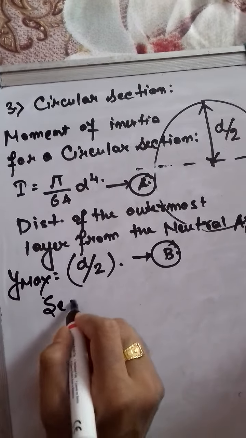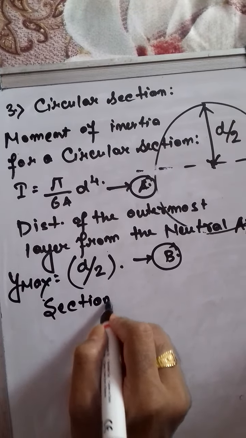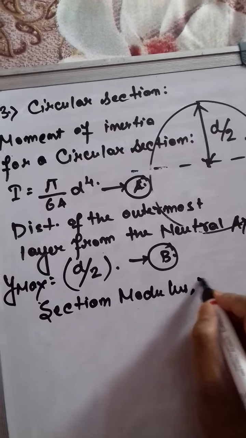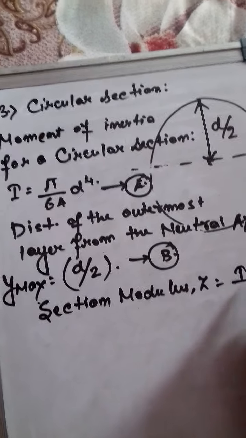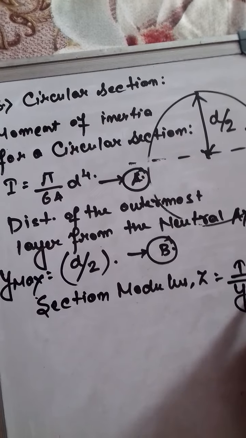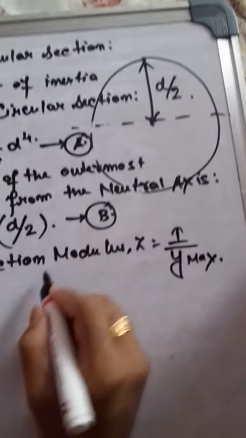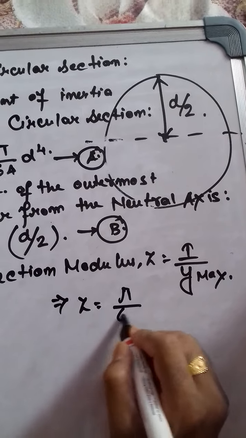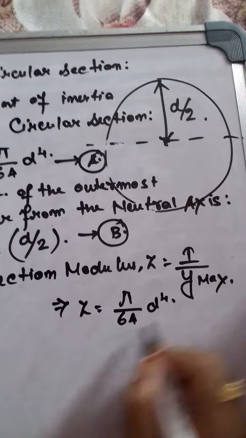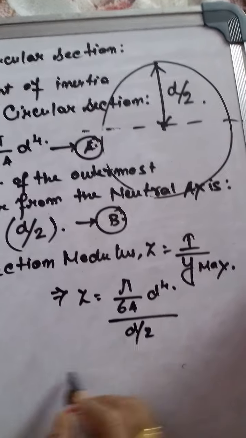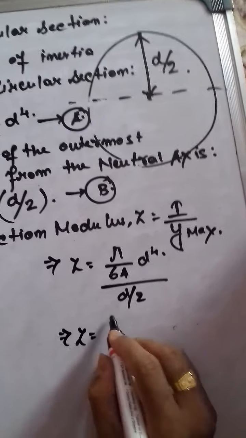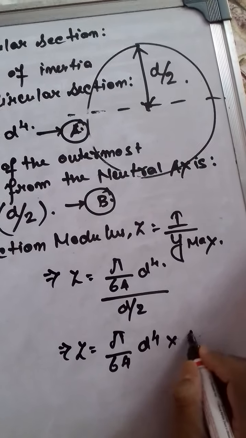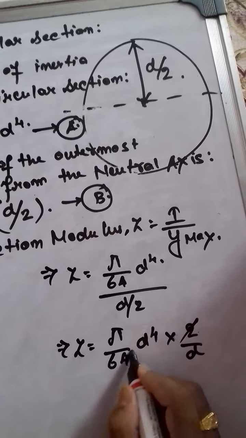So see, section modulus is denoted mathematically by Z, which is equal to I divided by y maximum. So Z will be equal to pi by 64 into d to the power of 4 divided by d by 2. So Z is equal to pi by 64 d to the power of 4 into 2 by d.